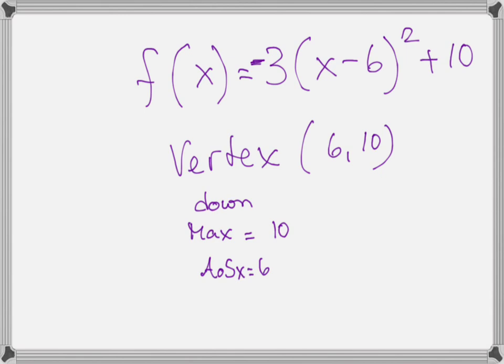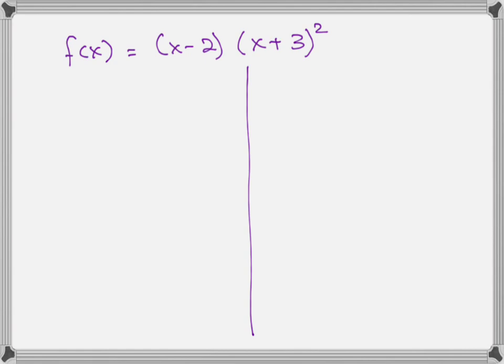So, test some parabola stuff, of course, what we did. Also, graphing polynomials. Oh, let's graph one. Last one. F of x equals x minus 2 times x plus 3 squared. What's the degree?